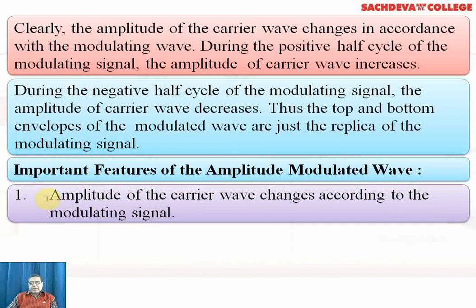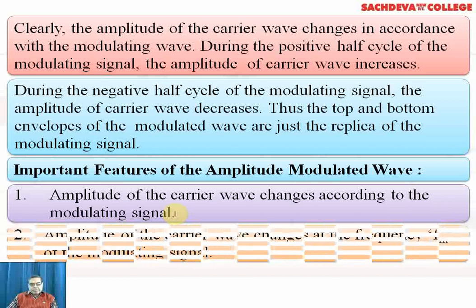The first important thing is that the amplitude of the carrier wave changes according to the modulating signal. So the amplitude of the carrier wave depends upon the modulating signal, and the carrier wave is related to radio frequency or the radio wave. Radio waves are electromagnetic waves, and the effect of electric and magnetic fields is neglected in this situation.